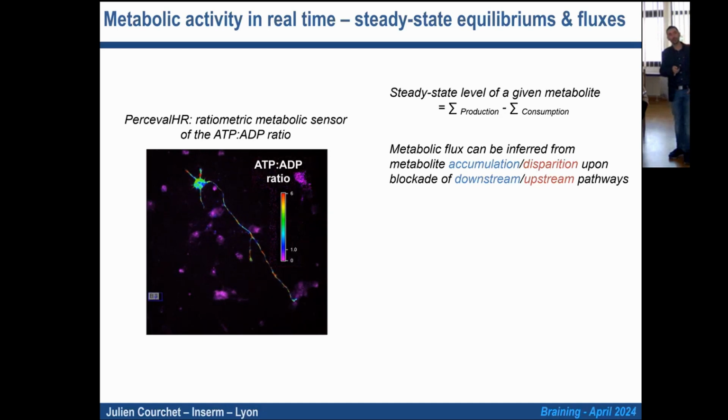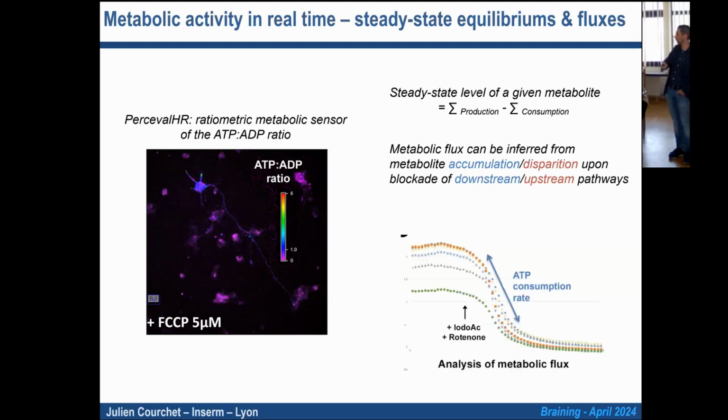Same for ATP synthesis. So basically, the idea is that with those biosensors, you can put a drug on them, and then with an inhibitor of the mitochondria, you can see extension of the signal and measure the speed of extension of the signal. And by just measuring here the speed by this linear phase, you can get an idea from one cell to the other of what is the rate of consumption of ATP.